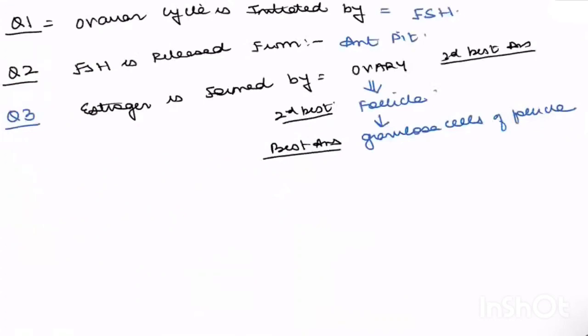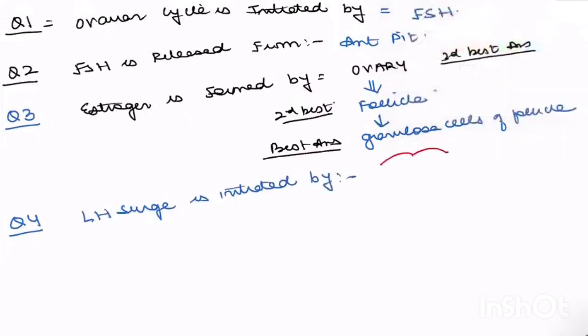So my question to you is, very, very important question. LH surge is initiated by, कौन से हार्मोन ने LH surge को initiate कराया? Which hormone? Estrogen. LH surge is initiated by estrogen.